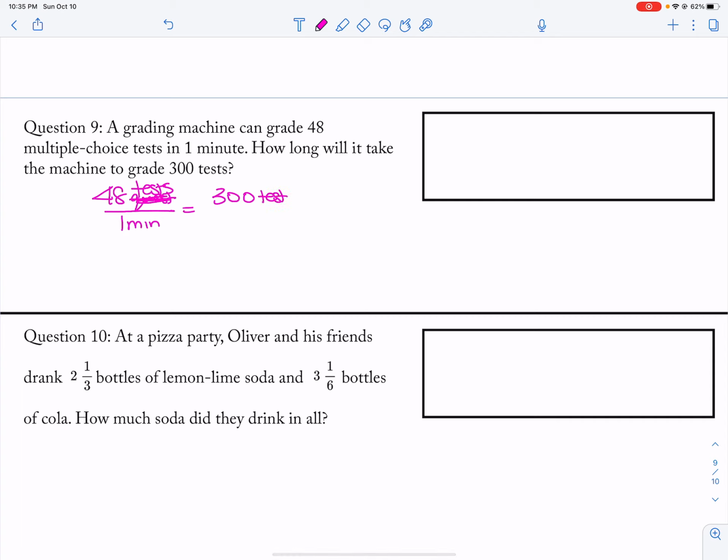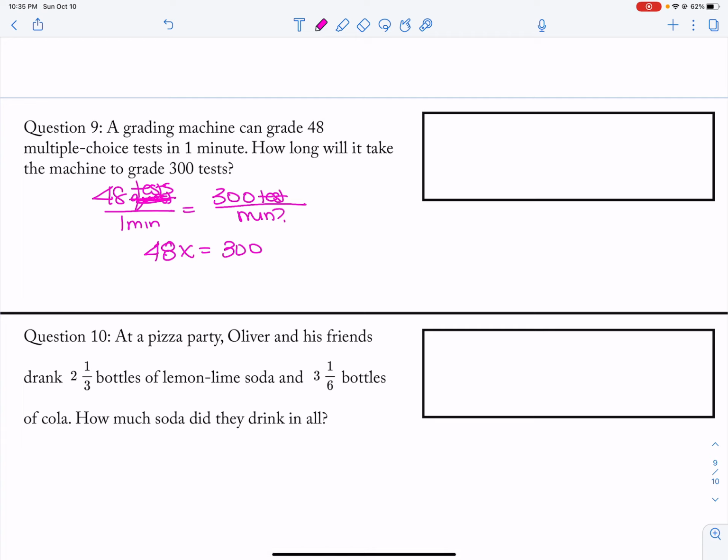The units don't match. And we don't know how many minutes. Okay, so 48x is equal to 300.